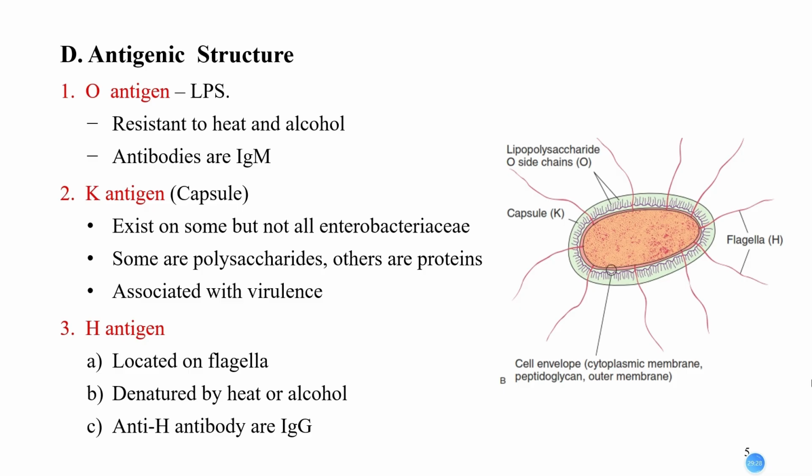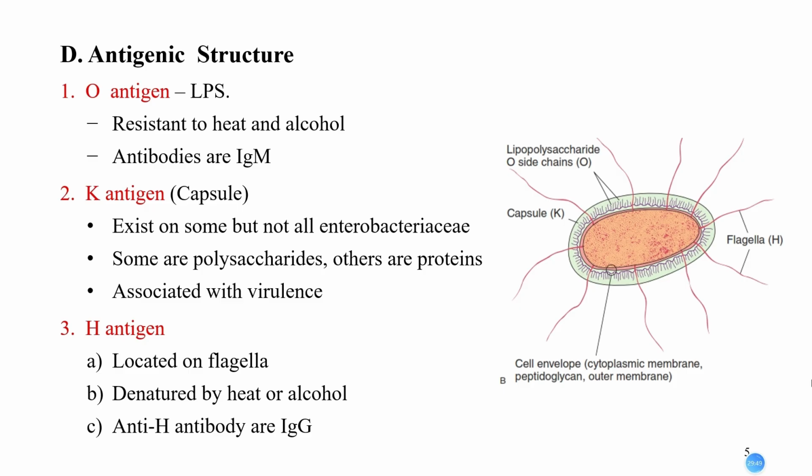And LPS is resistant to heat and alcohol. You cannot denature it. And LPS molecules can stimulate the immune system to produce IgM antibody. It's only IgM. It does not switch to IgG.